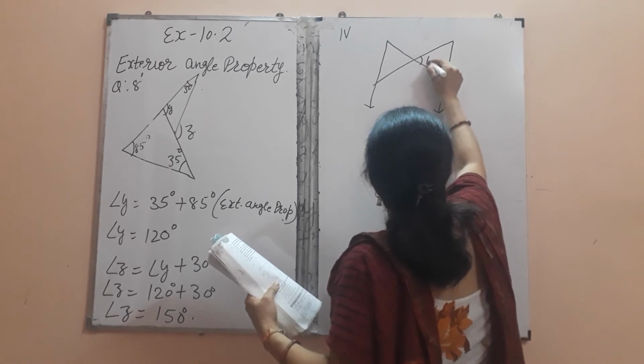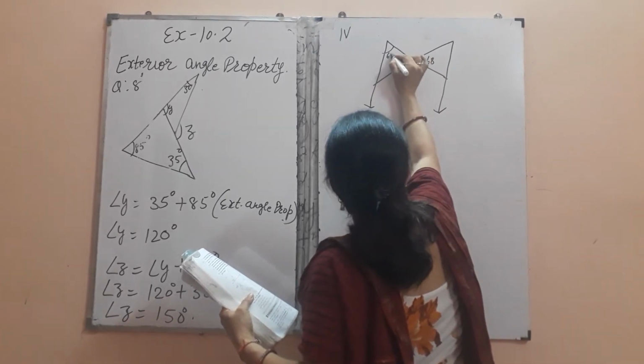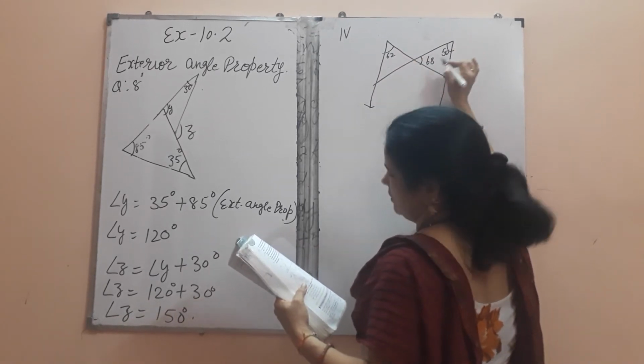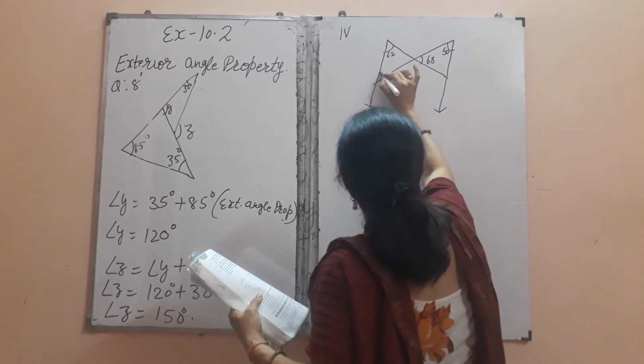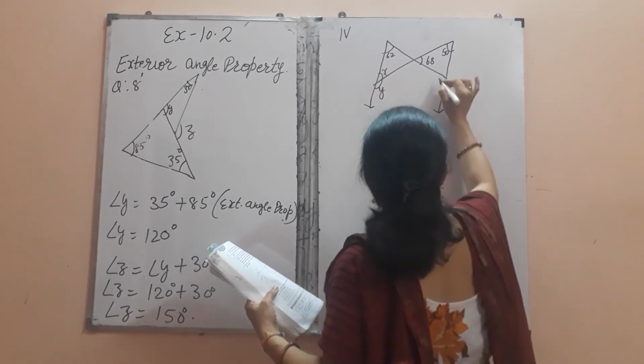This is 68, this is 62, this is 50, this is x, this is y, and this is z.